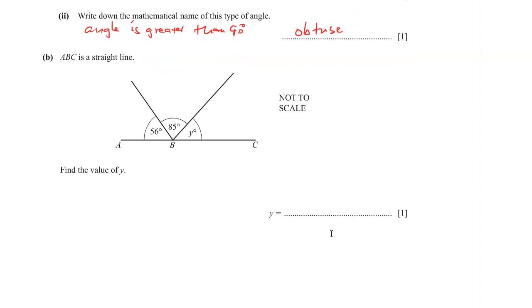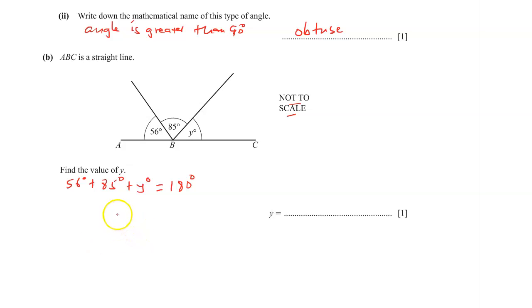ABC is a straight line. This is not to scale. Find the value of y. Angles in a straight line add up to 180. So we know that 56 degrees plus 85 degrees plus y should add up to 180 degrees because they're on a straight line.